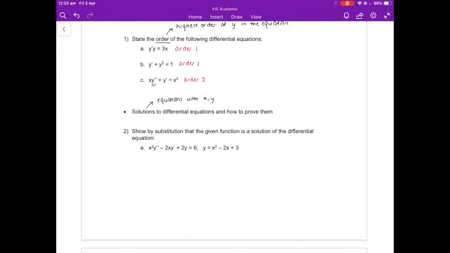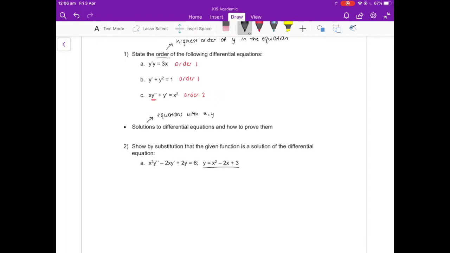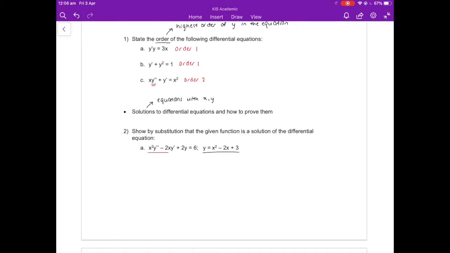So let's have a look at the first example there. Show by substitution that the given function is a solution of the differential equation. So the solution is this one over here, and we can see that it is an equation in terms of x and y. And this one, so I'm going to highlight it in red. This is the differential equation. And this one here is one possible solution.